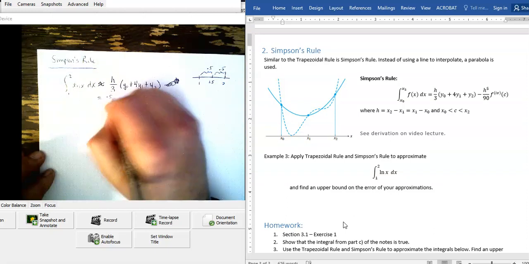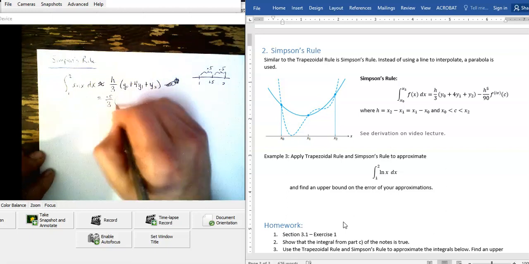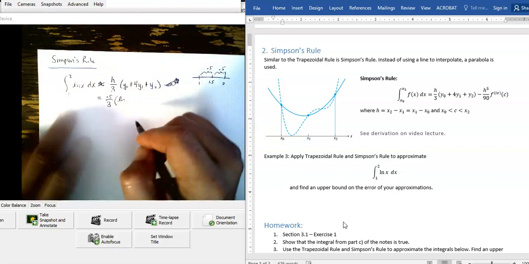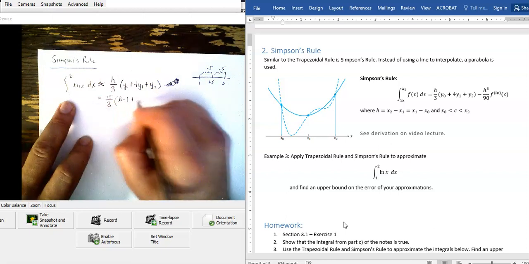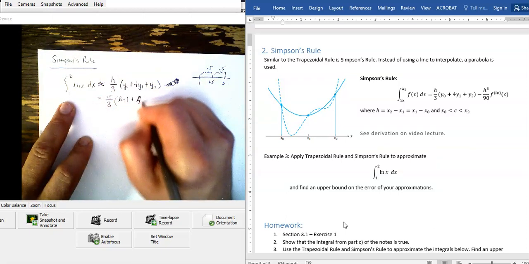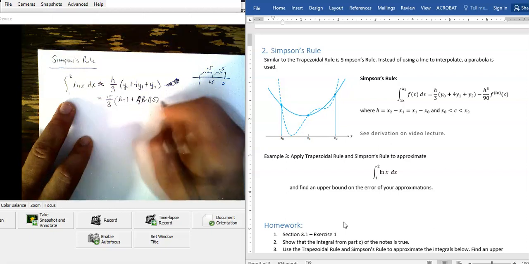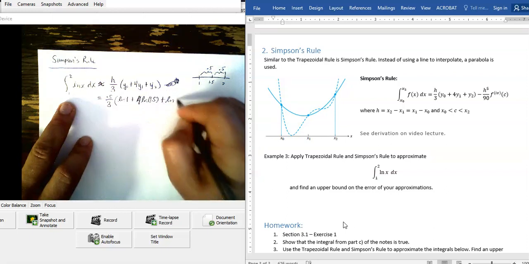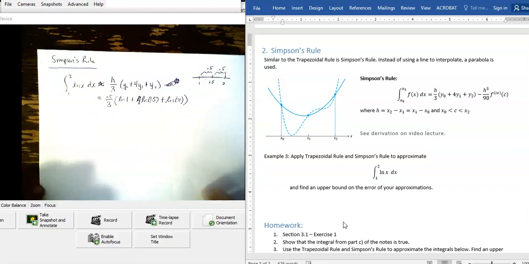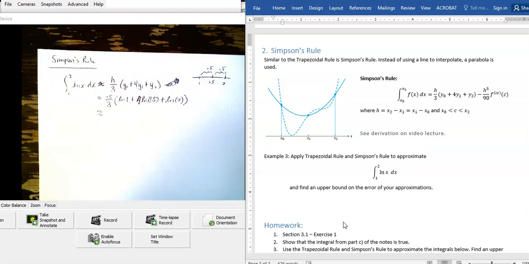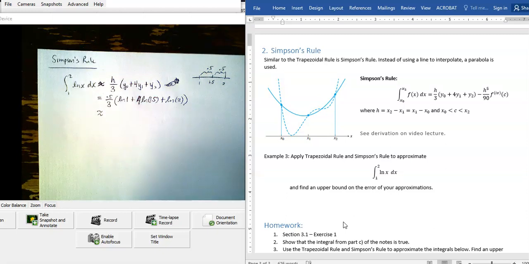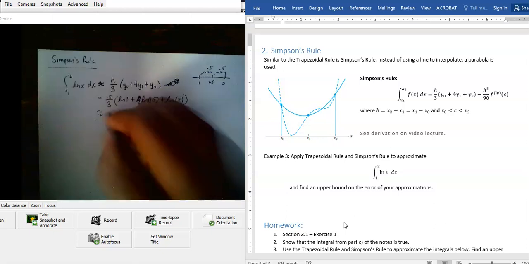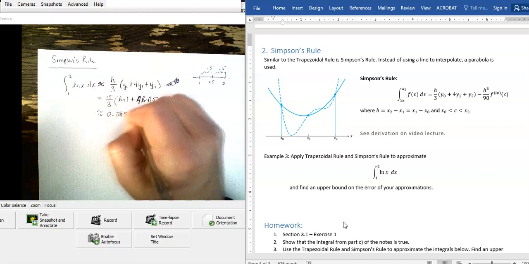Okay? 0.5 over 3 times the natural log of 1 plus 4 times the natural log at 1.5 plus the natural log at 2. This is approximately equal to 0.3858.